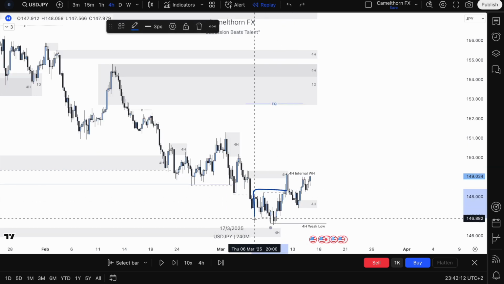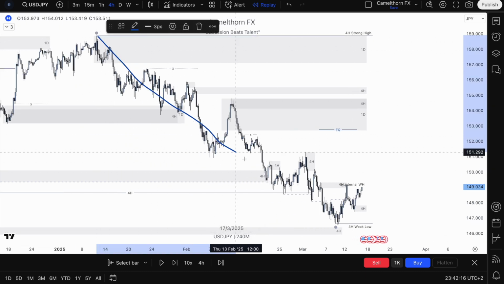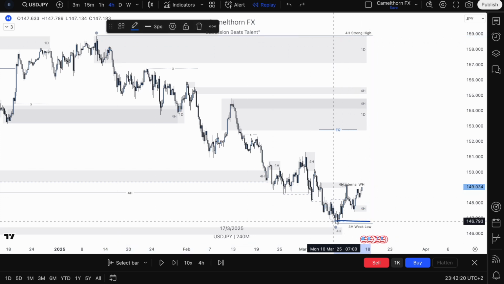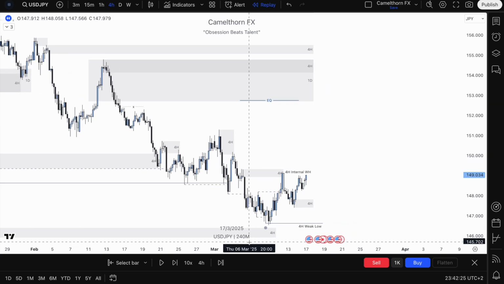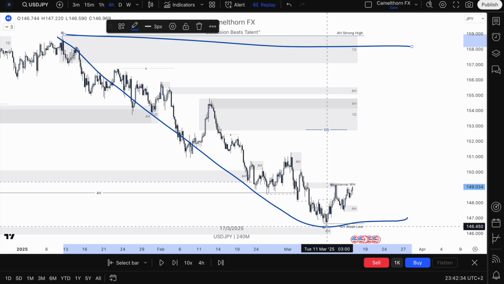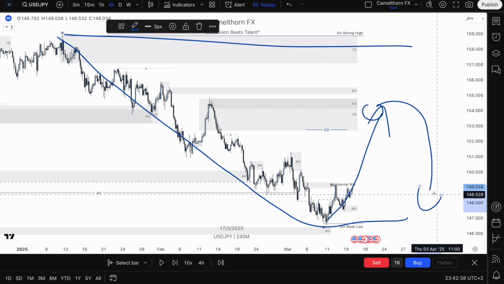Once my 4-hour internal structure shifted bearish, I was then obviously able to establish my new bearish 4-hour external range, with this being my new 4-hour week low. And then it was just a case of identifying areas within this bearish external range where my 4-hour pullback phase could come into, mitigate before a potential bearish resumption.